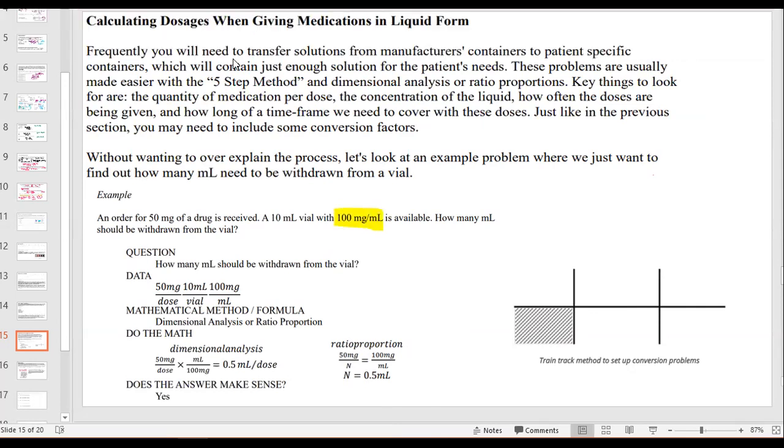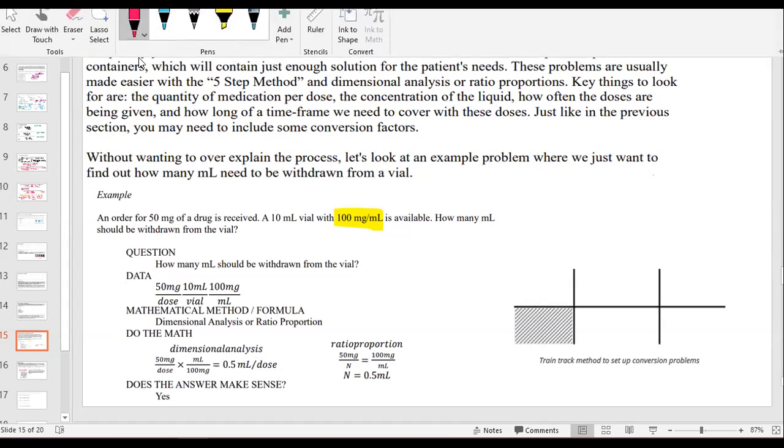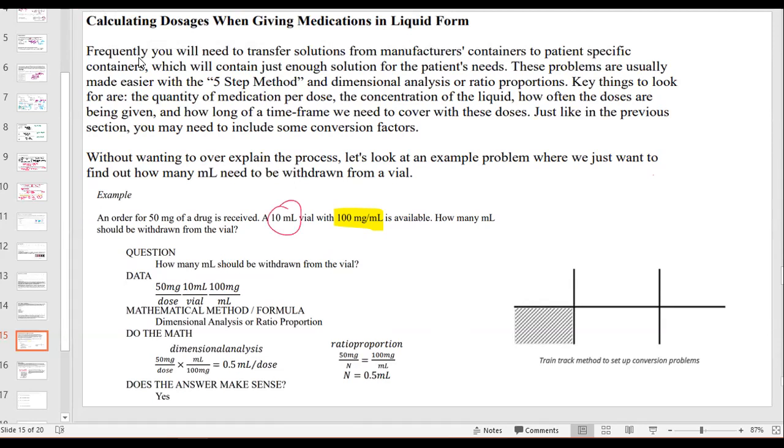Our concentration is always going to be a unit of measurement over ml. What measurement is that going to be most of the time, except for ml? It's going to be milligrams, equivalents, grams, anything. It can be any other form of measurement like that, but it always has to be over mLs. So you have your concentration here, the size of the vial here, a 10 ml vial, and then your dose here.